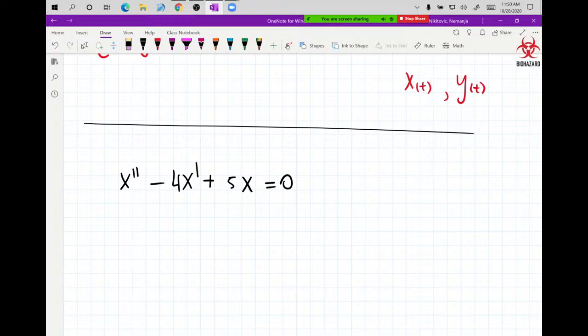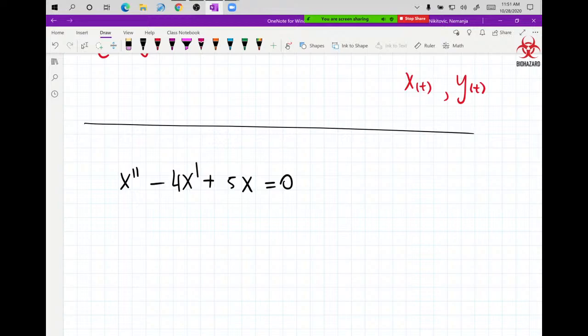Now, the method works this way. If you have only one variable function, x, you need to create two variables, x1 and x2, which will replace eventually this x and create a system that will contain x1 and x2.